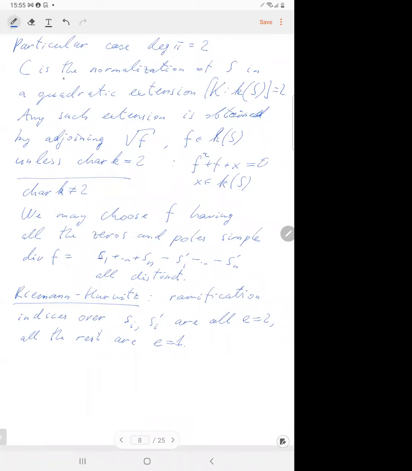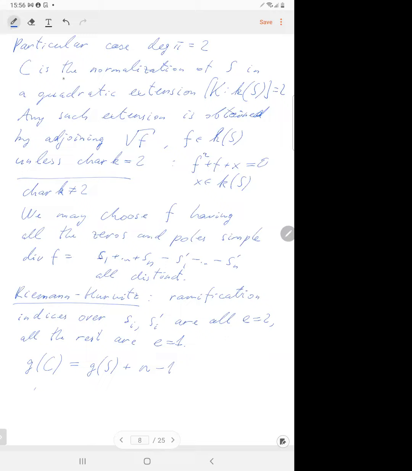And so it means that the genus of the covering curve is the genus of the base curve plus one half of the number, well, maybe let me write down, n plus n minus 1.